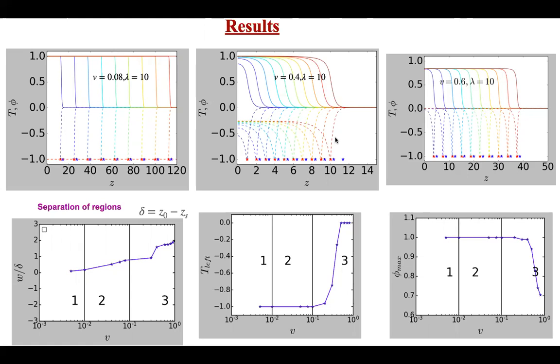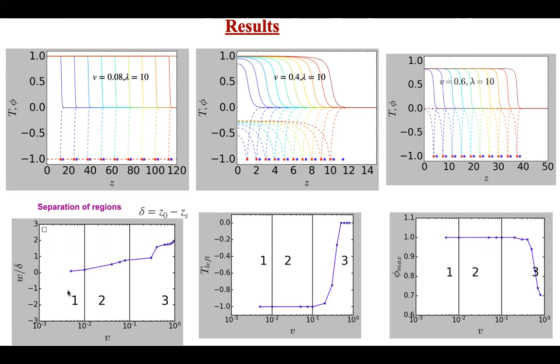So we can divide the polymer crystallization into different regions on the basis of sink velocity. Here we can see this separation of regions, and this is done based on the ratio of W by delta and velocity of sink, where W is the interface thickness and delta is the distance between the sink and the interface.